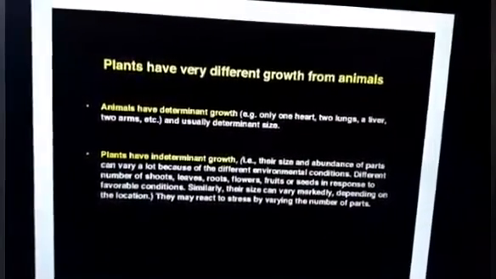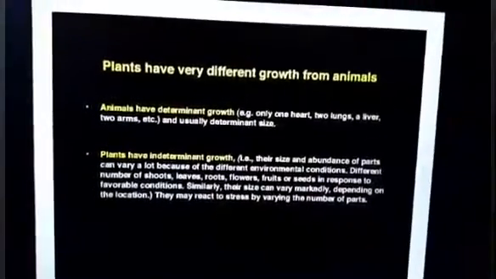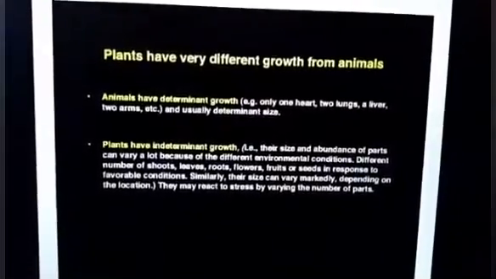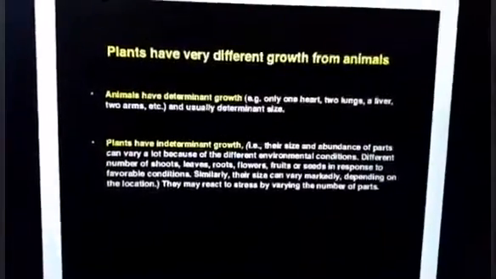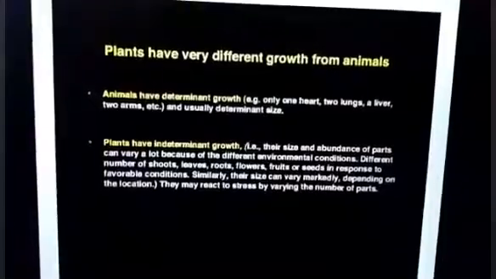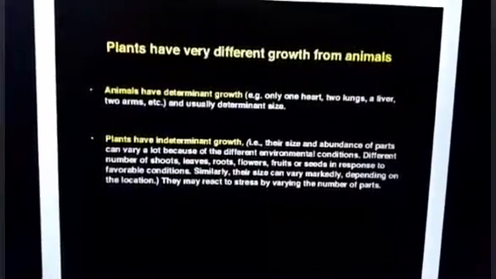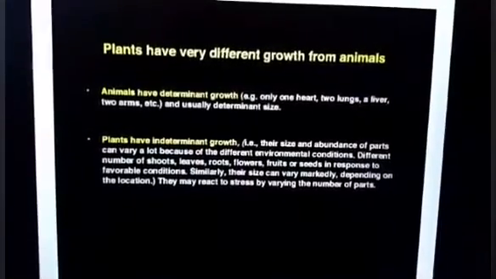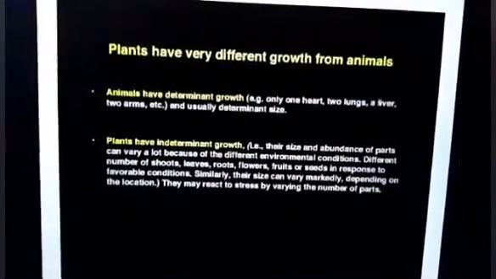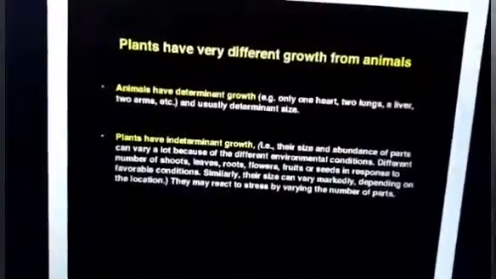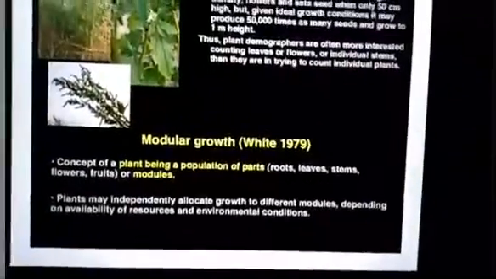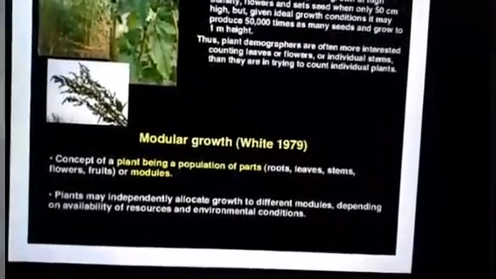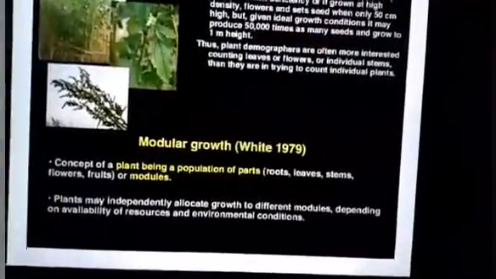In the desert, they might be very short. In mesophytic conditions, they might be very tall. And in the xeric environment, in the hydrophilic environment, they might have large leaves. So they may react to stress by varying the number of parts. Then we have what we call modular growth, a concept of a plant being a population of parts.